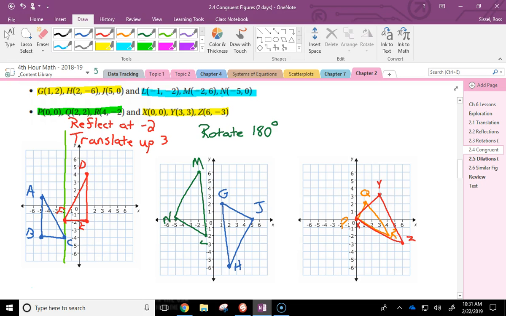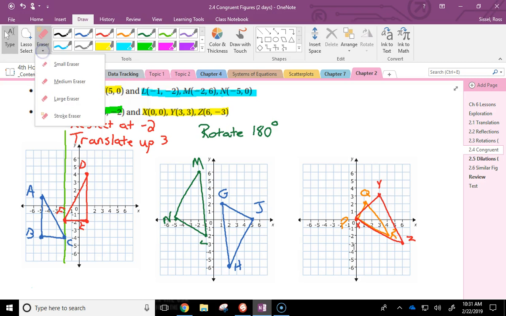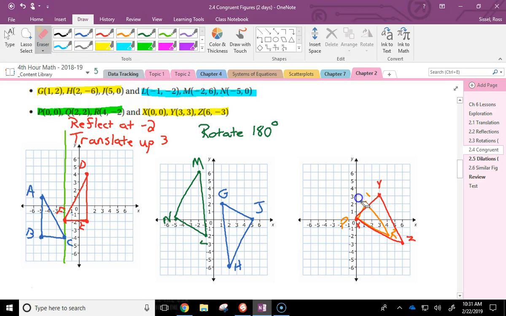Alright. Looking at these, oh, I went over one too many, didn't I? Orange, let's see. Now when I look at these, are these two congruent?